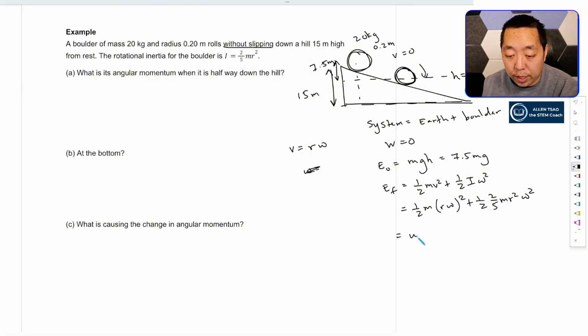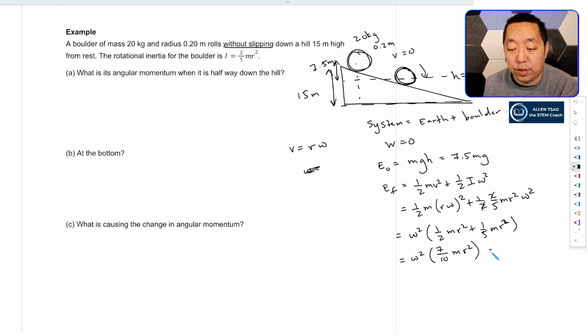So you have omega squared in both terms. You have 1/2 m r squared plus 1/5 m r squared, and you get 7/10 m r squared omega squared. And by conservation of energy, that's going to be 7.5 mg.